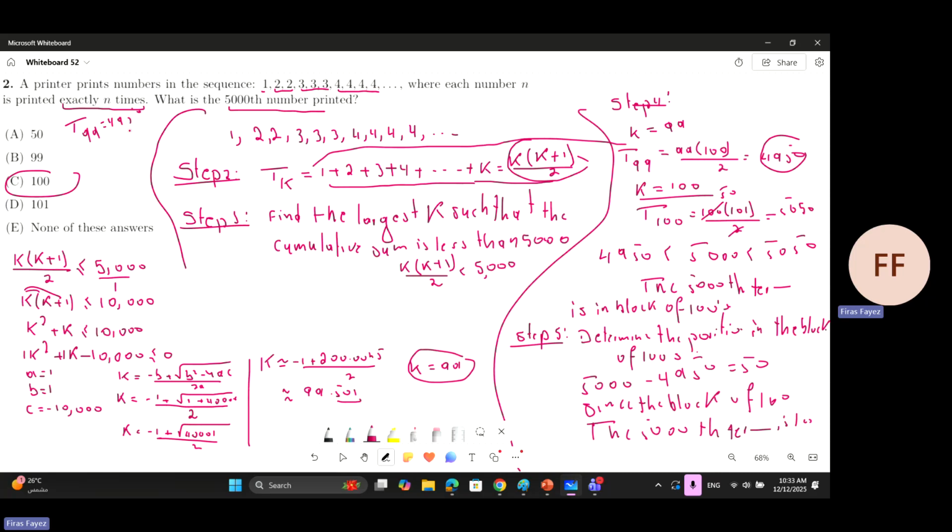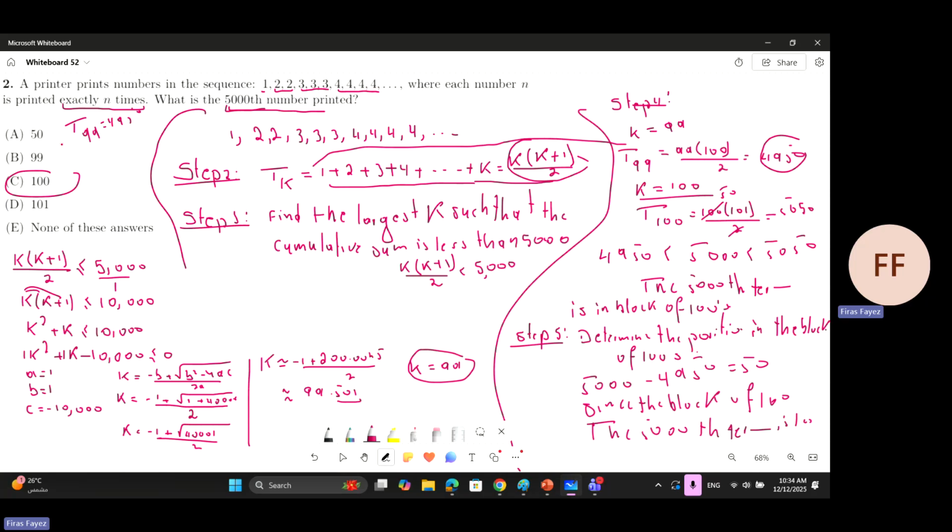Yes? So, what about the 5,000th term? The 5,000th term is beyond these 4,950 terms. So it lies in the next block, guys, in the next block.